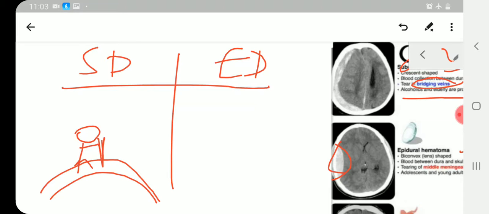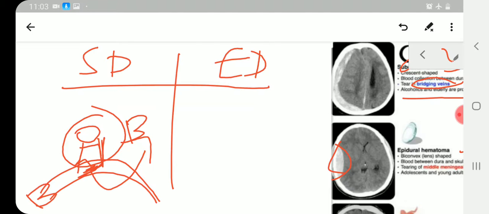There is a banana here, and he slips on the banana and he falls. So I want you to remember the banana, the elderly person or alcoholic, the bridging vein. Banana, that is crescent shaped, bridging vein, elderly or alcoholic. I want you to remember subdural hemorrhage.